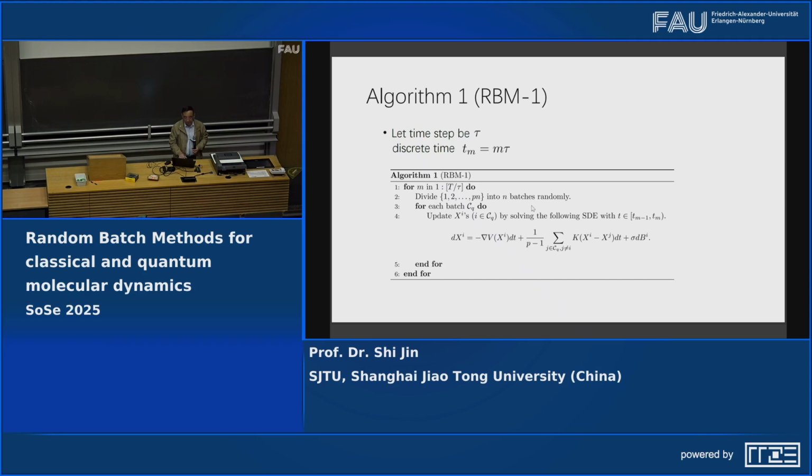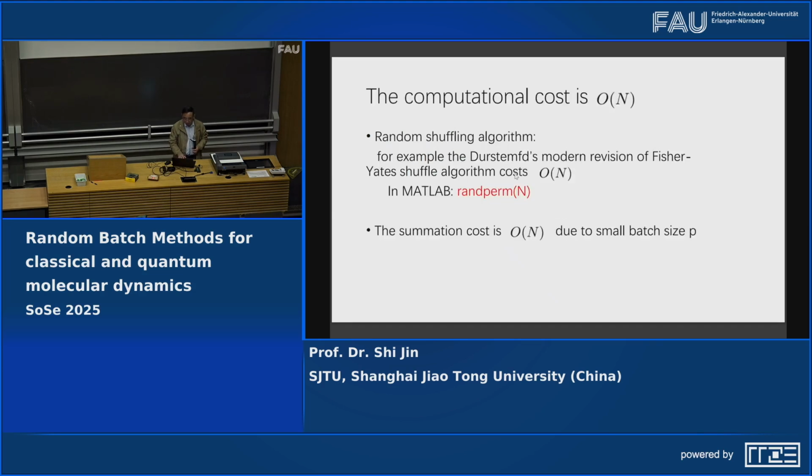And also this random shuffling, of course you have to pay some price. Of course already in the 70s there were order N algorithms to do this random shuffling. For example, if you use MATLAB, you just call the subroutine for random permutation. That's why it's only a 10 minute program, okay? Even for a grad student.